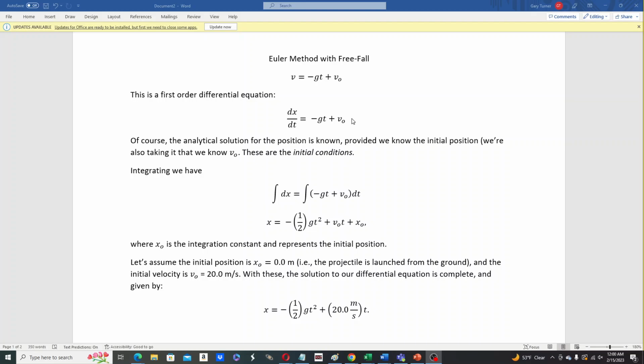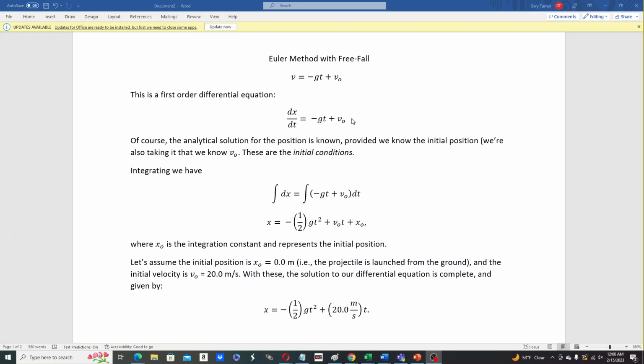When I do that, I get negative 1/2 g t squared plus v naught t plus x initial, or x naught, where x naught is my integration constant, and in this case it represents the initial position. In our example, we're going to assume that the initial position, x naught, is 0, which means that we're launching our projectile from the ground, and we're giving it an initial boost of 20 meters per second.